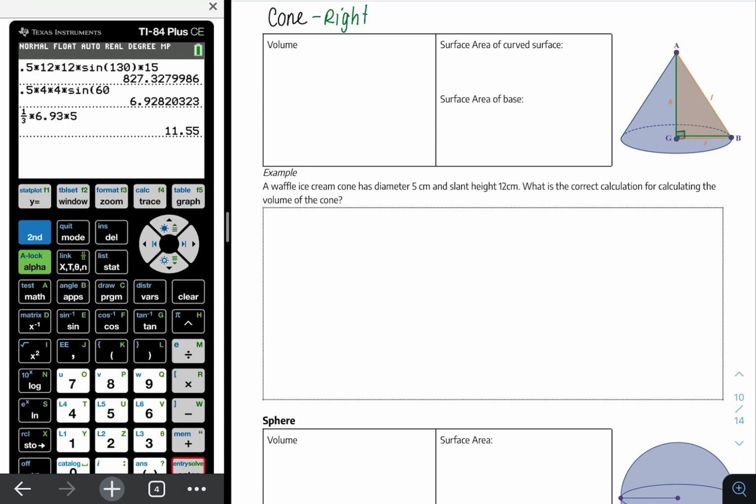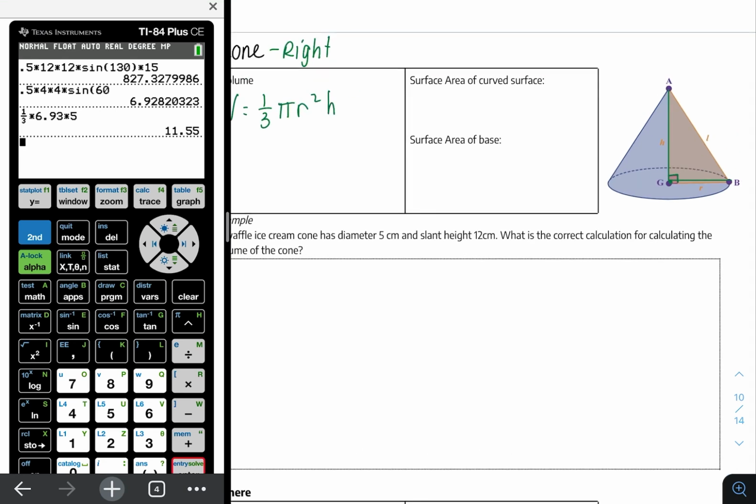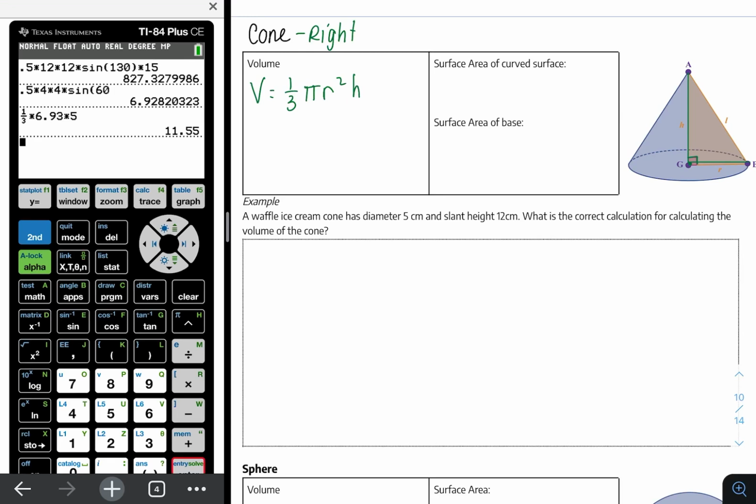We have some formulas in the formula booklet, which is the volume of a cone is 1/3 pi r squared times the height. And then we also have the surface area of the curved part. So the curved part is everything that is not the base of the circle.